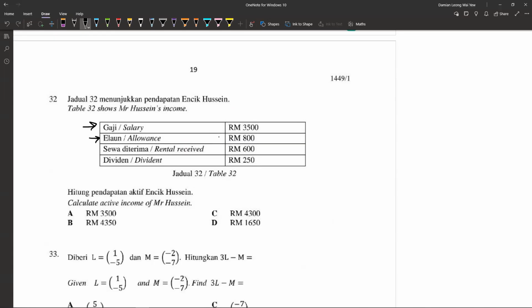Allowance also you need to. Okay, answer C.